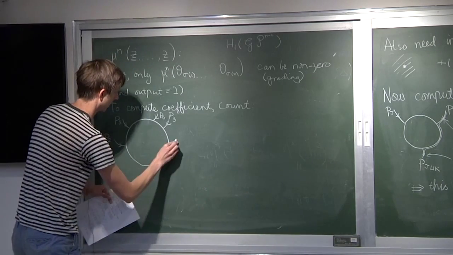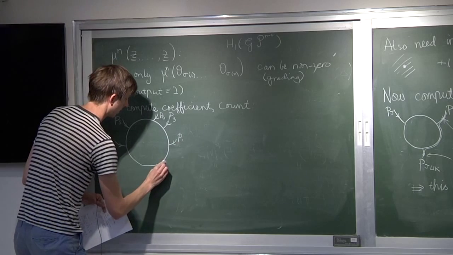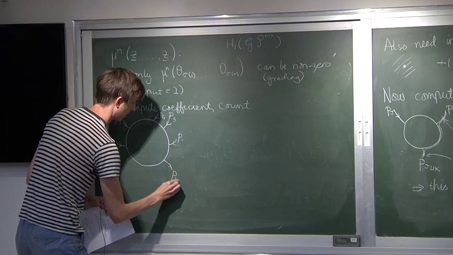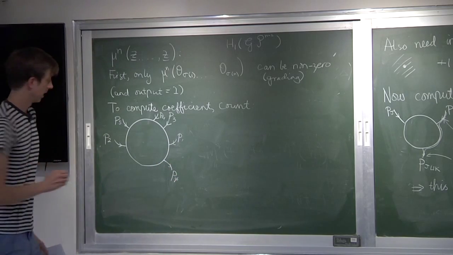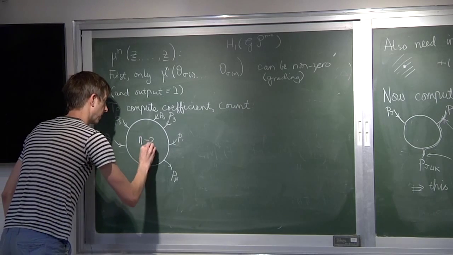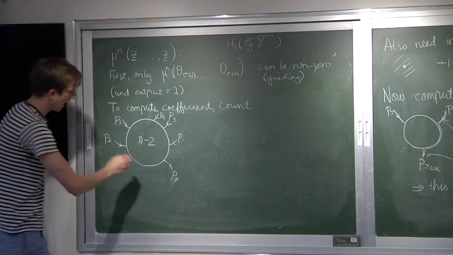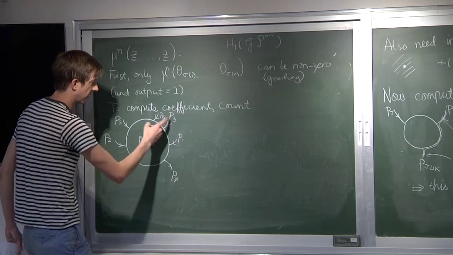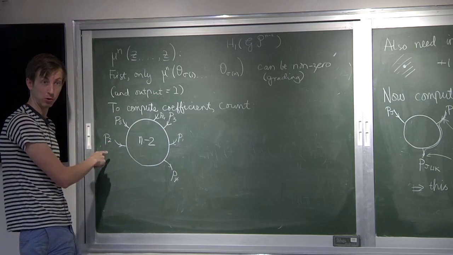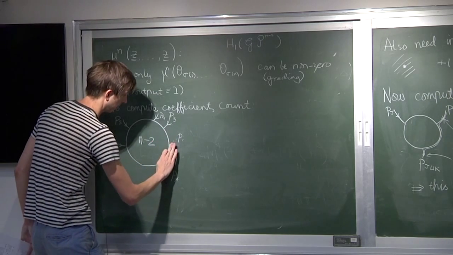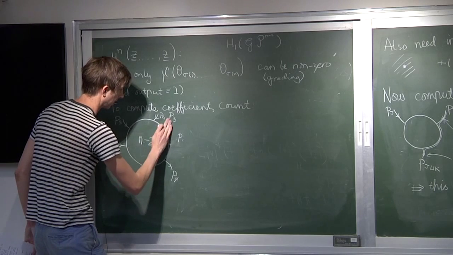So it has to look like this. This guy has degree n minus 2. And these guys are all Morse critical points of index 0, so actually there are no flow lines, there are just point constraints.